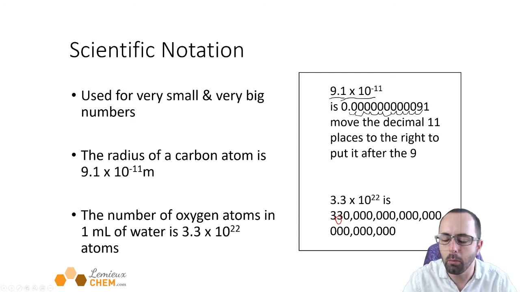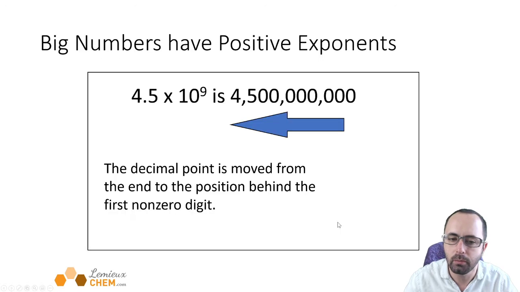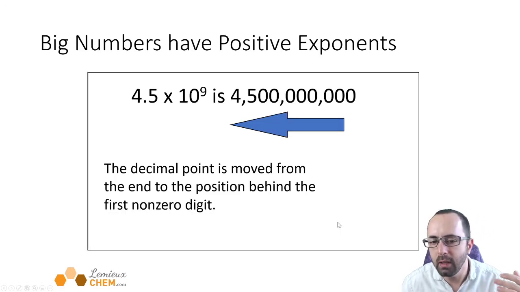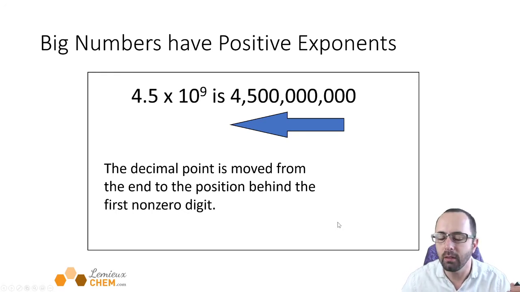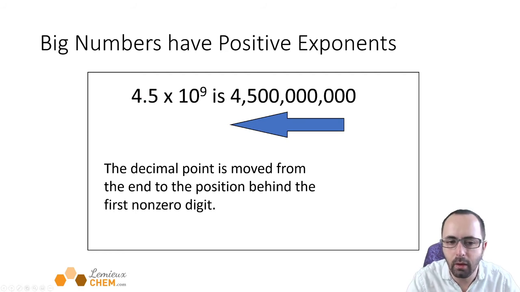Let me give you a couple more examples. So here, as we saw, the big number had a positive exponent. So that's how you can recognize a number that is big. So let's say you see written 4.5 times 10 to the 9, and you want to make it this number here.